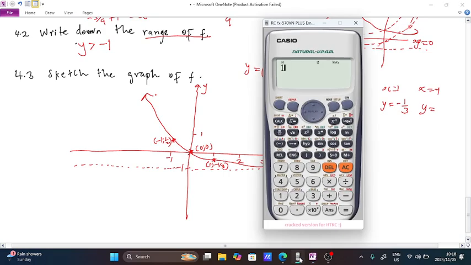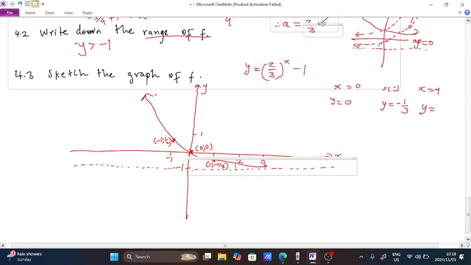In fraction, that is 2.375, and that is the value of y. Where is it? It is somewhere above 2, so if here is 2, then 2 point 3 something is supposed to be somewhere there.